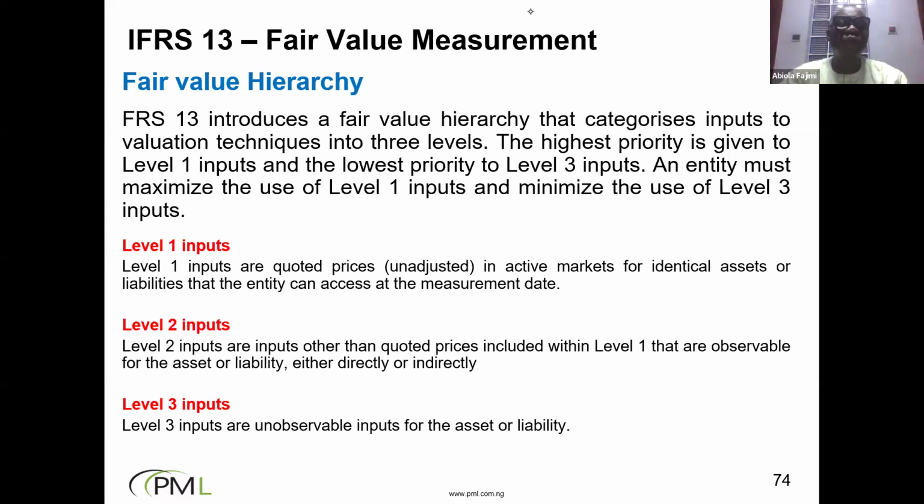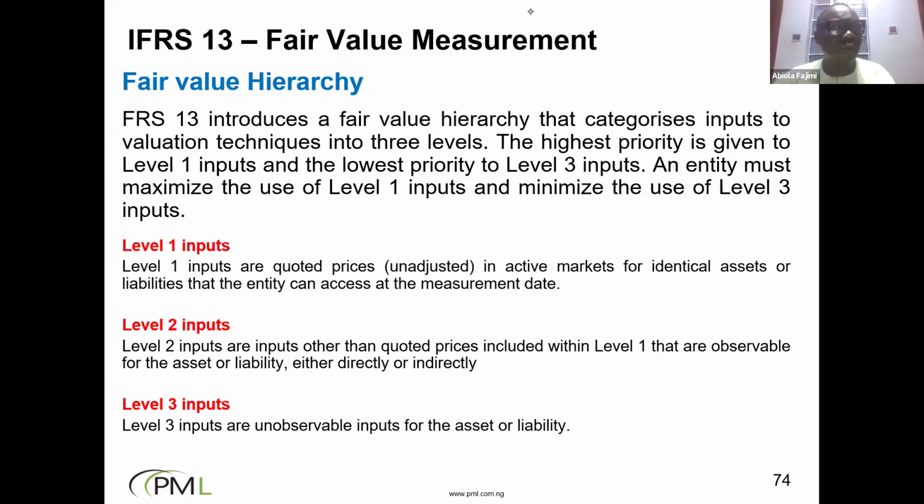Then level 3 is when there is no observable market input. This instrument does not have any market. There is no comparable instrument that you can benchmark the fair value against. So on your own, you work out what you think the fair value will be, and that's what we are going to use to determine the fair value for disclosure in the financial statement. An example of such a model is discounted cash flow.